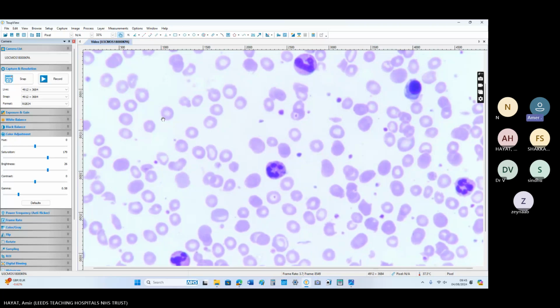Now you will suggest what to do next. This patient needs further investigation. So I would comment that this patient needs urgent assessment with full history and examination and checking kidney functions, UEs, LFTs.